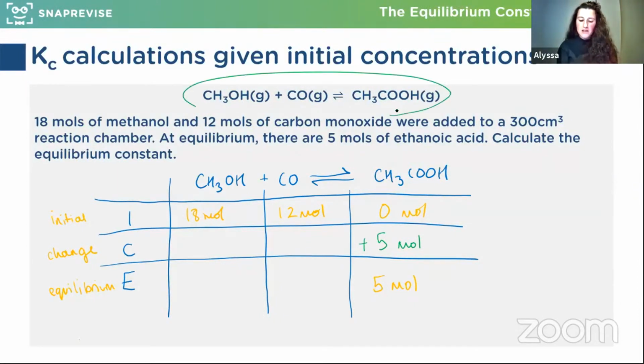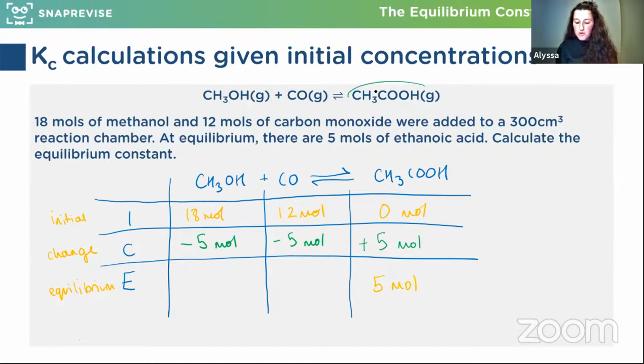Looking back at the balanced equation, if I've gained 5 moles of ethanoic acid, what must have happened to my moles of methanol? How many moles of methanol must I have used up? If I've gained 5 moles of ethanoic acid, I must have lost 5 moles of methanol and 5 moles of carbon monoxide, because it's a 1-to-1 ratio.